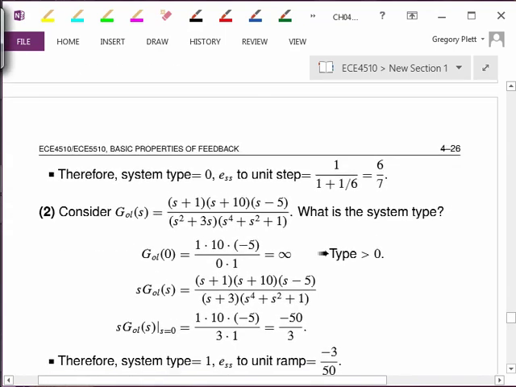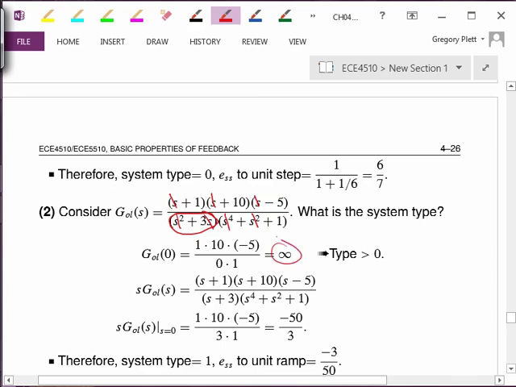Second example, consider this G open loop of s. We try first what happens when I plug in s equals 0. The numerator goes to 1 times 10 times minus 5, but in the denominator there are terms that go to 0, so the whole denominator is 0, and I get infinity.